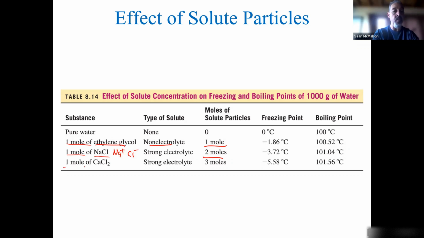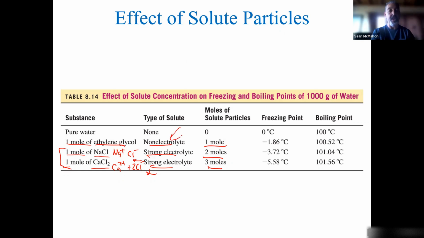And I get in 1 mole of calcium chloride, 3 moles, right? Because there's 1 calcium ion and 2 chloride. I get 3 moles of solute particles there. Both of these are considered strong electrolytes because there's 100% dissociation, and these are soluble salts.